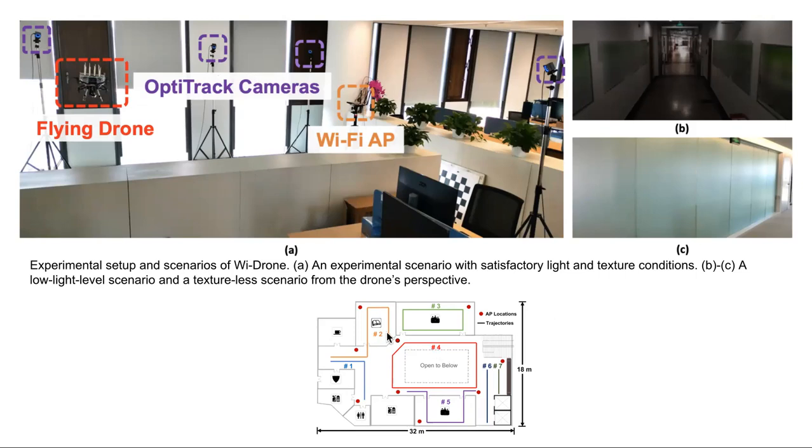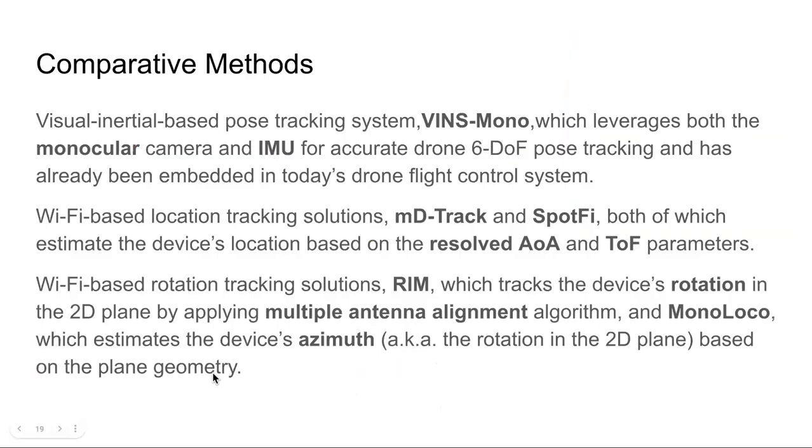And also there are some locations which are in a dark hallway, and also a textureless environment on the wall. And this is the map, how it looks. And we see there are multiple access points located in different positions on this floor.